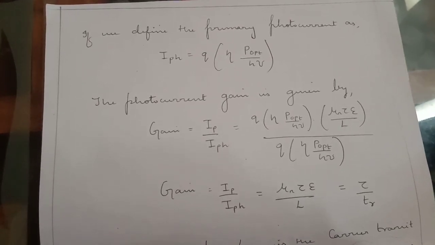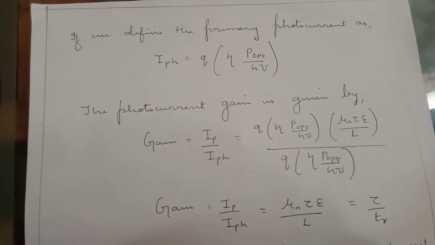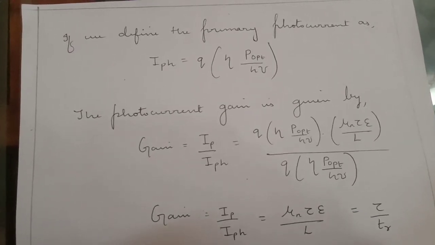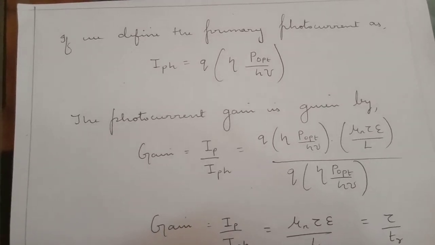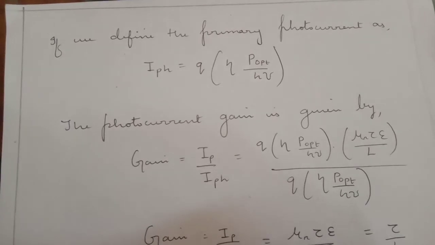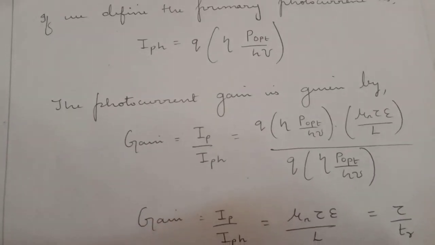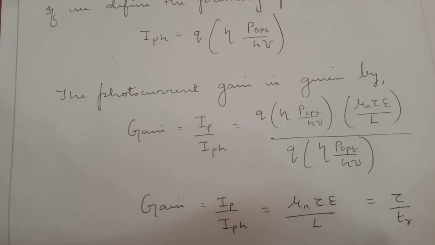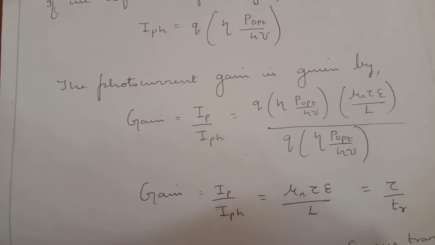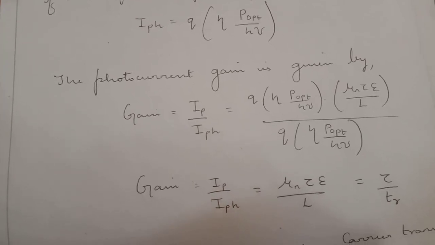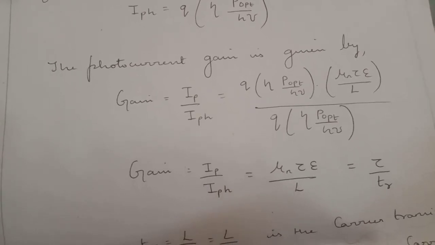That's equal to Q into eta P opt divided by h nu into mu n tau E divided by L, whole divided by Q into eta P opt divided by h nu. So it cancels because it is the same in both denominator and numerator, and hence the gain is given by mu n tau E by L. Hence gain is equal to tau divided by TR.